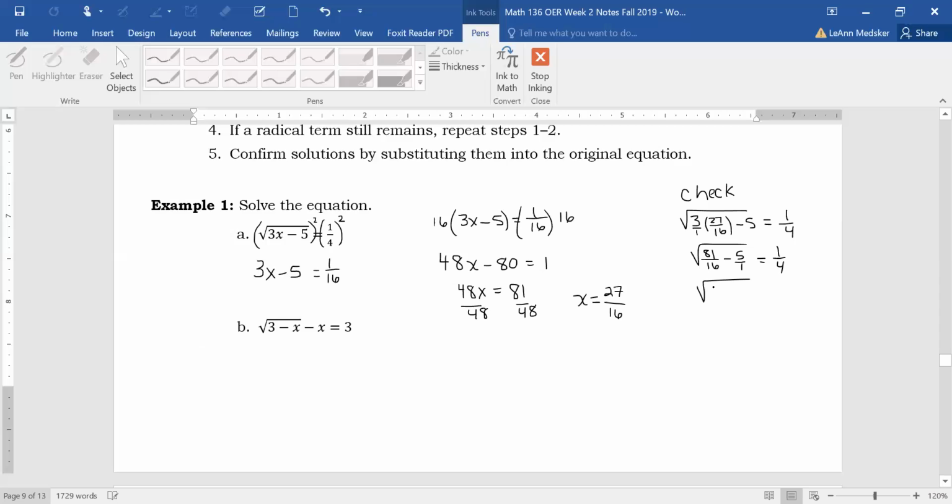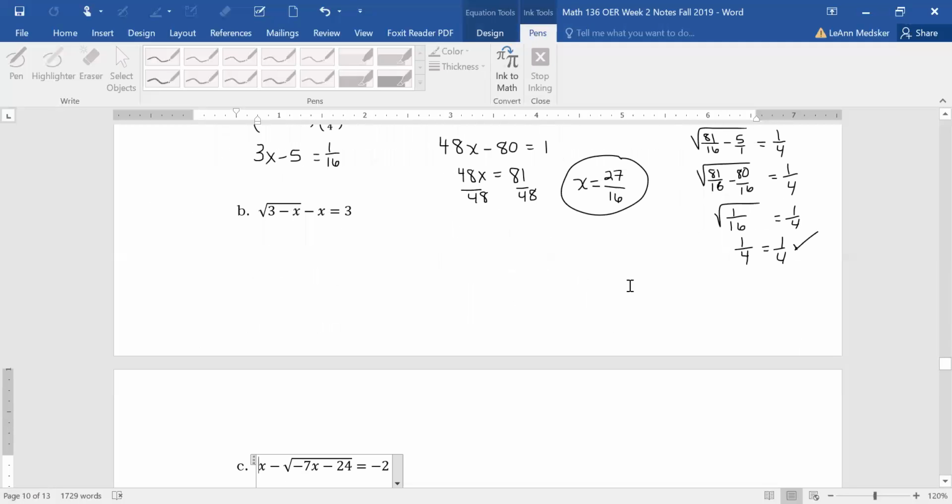Common denominator would be 16, so times top and bottom by 16 of that would be 80/16. Then we subtract, so that's 1/16. And the square root of 1 is 1, the square root of 16 is 4. You can use your calculator to help you out, but you have to do the check to prove that this solution is correct. So that's the first one.